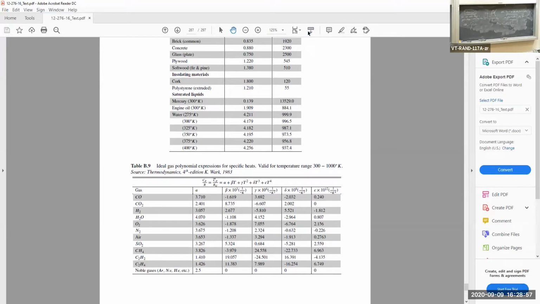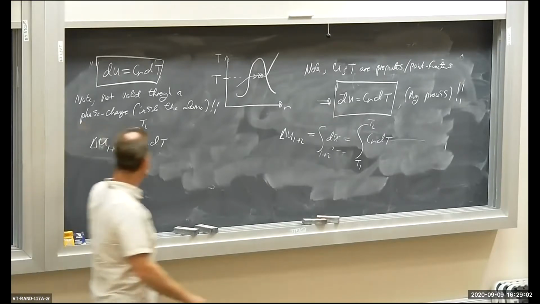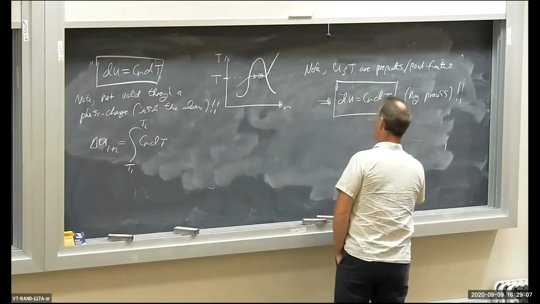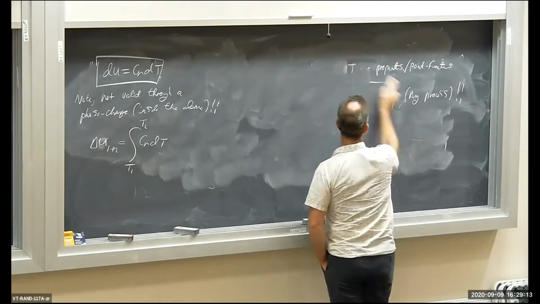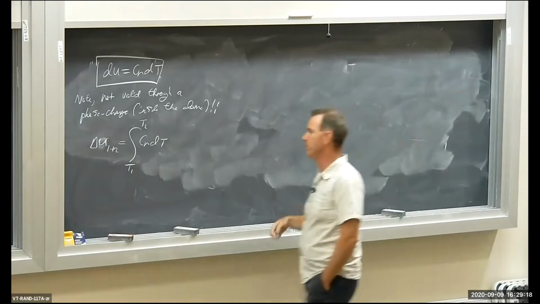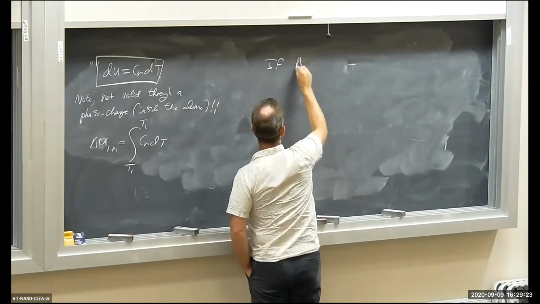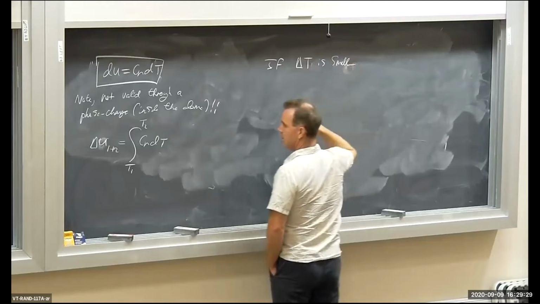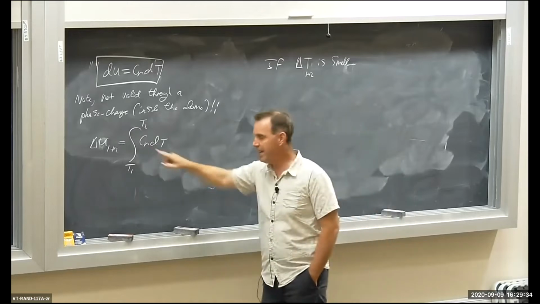So if you want to evaluate this integral exactly, you'll have to find out the relationship of CV as a function of temperature so you can determine what delta U is via the integral. Now, sometimes temperature changes are small. So if delta T from 1 to 2 is small, then we can assume specific heat is constant.